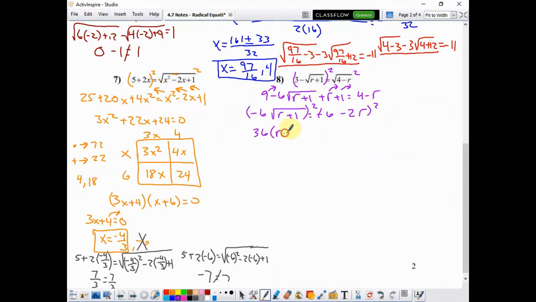36 times r plus 1 equals first term squared. The product is 12r, double that is 24r. And then the last term squared is plus 4r squared. Distribute.